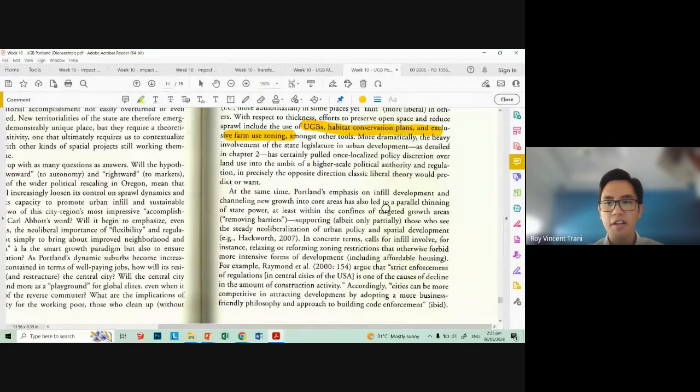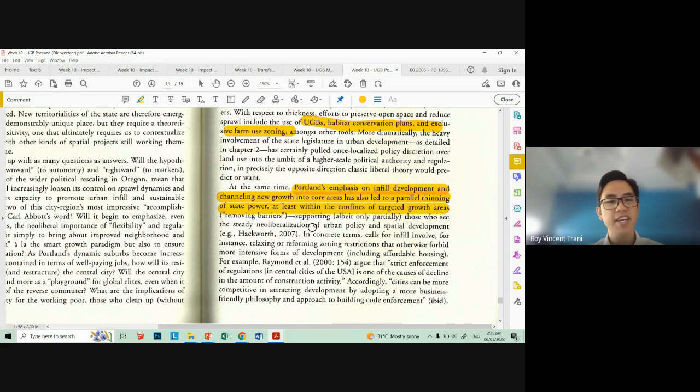Portland's emphasis on infill development and channeling new growth into core areas has also led to a parallel thinning of state power, at least within the confines of targeted growth areas, supporting those who see the steady neoliberalization of urban policy and spatial development. That statement is a bit technical for me because I'm not a social politics major.